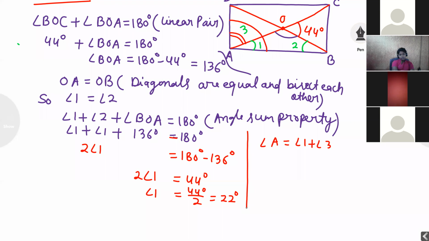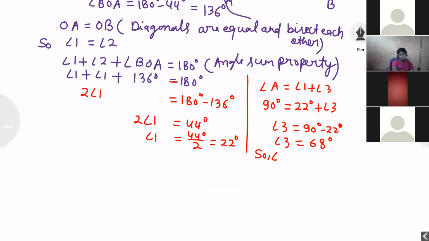And already we know in a rectangle each angle is 90 degrees. In the place of angle A I substitute 90 degrees is equal to angle 1 is 22 degrees plus angle 3. Angle 3 is equal to 90 degrees minus 22 degrees, angle 3 is equal to 68 degrees. So angle OAD is equal to 68 degrees. Note down, everyone.